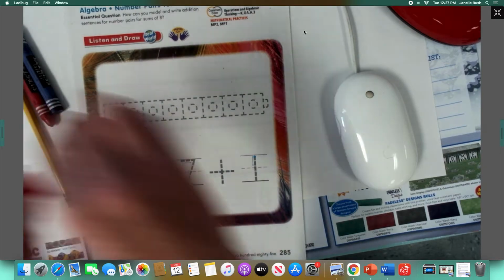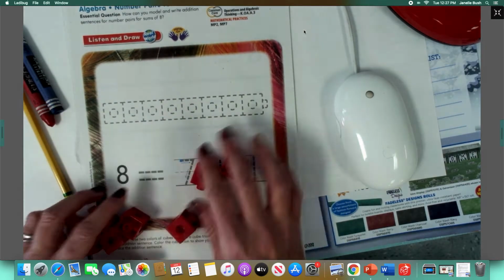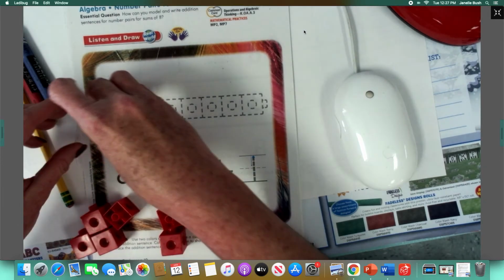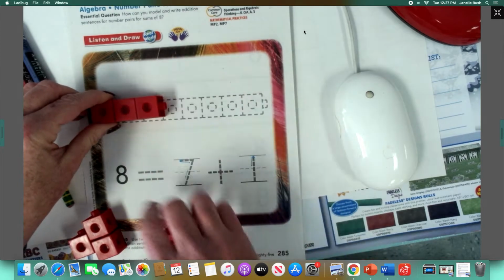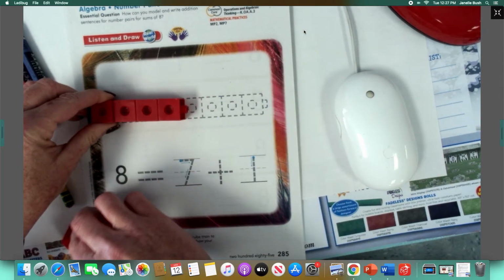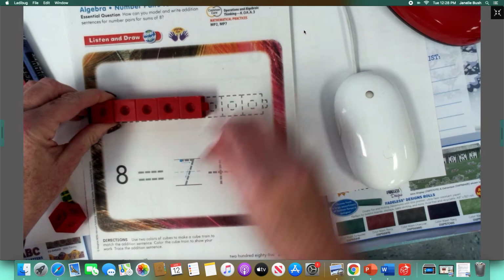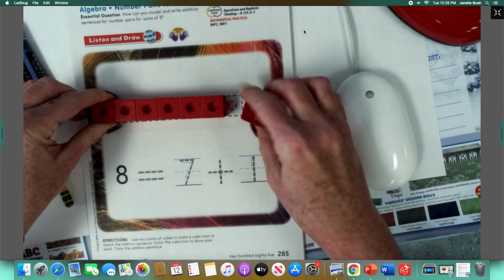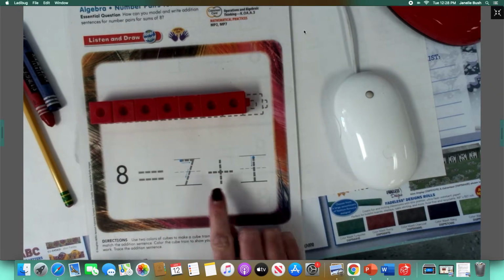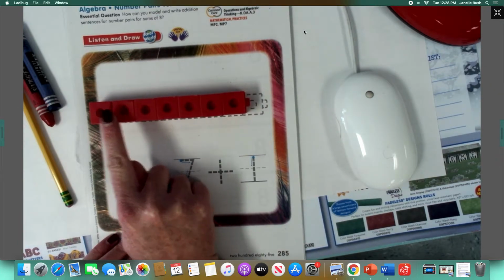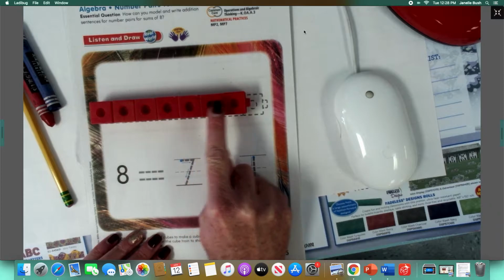So we're going to get our red cubes, and we're going to have 7 red cubes. So 1, 2, 3, 4, 5, 6, 7. So we have 7 red cubes. All right, let's go back and check. 1, 2, 3, 4, 5, 6, 7.